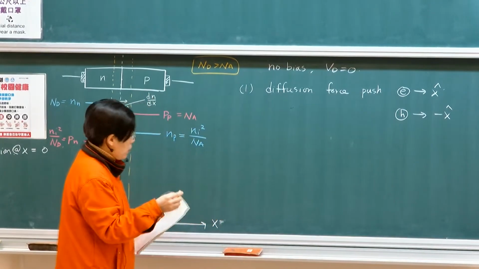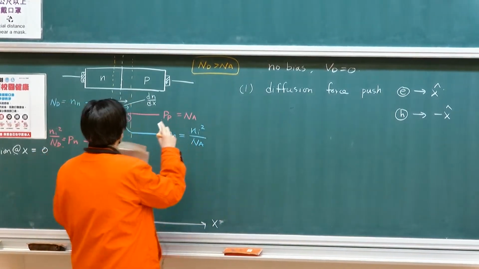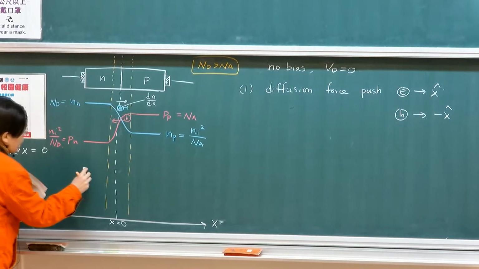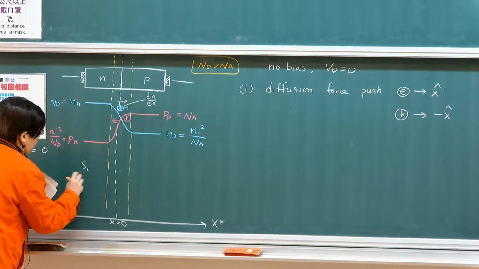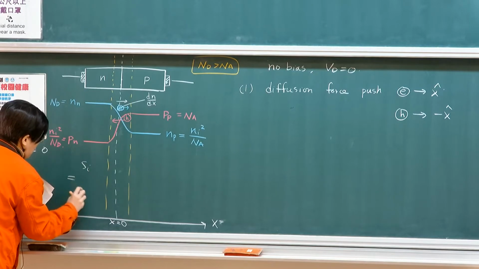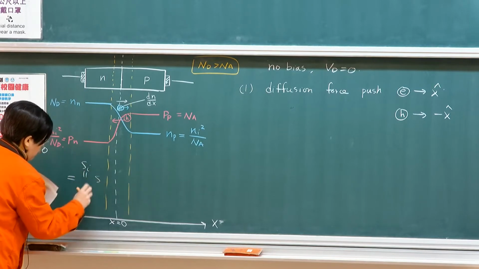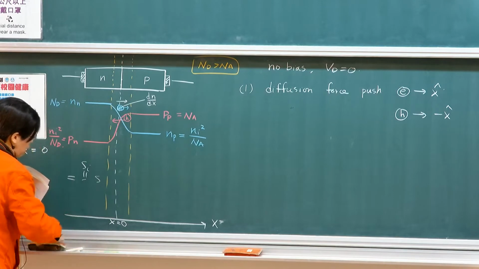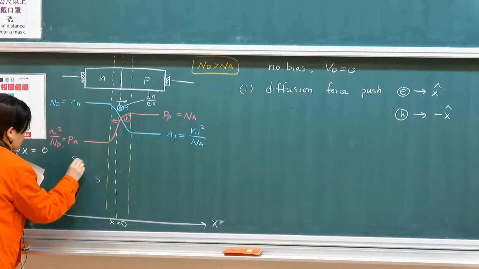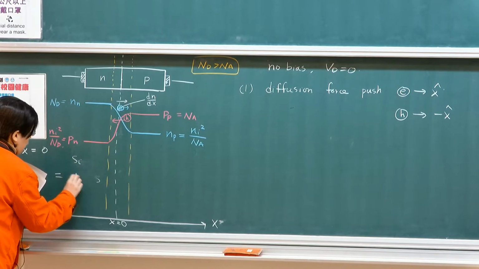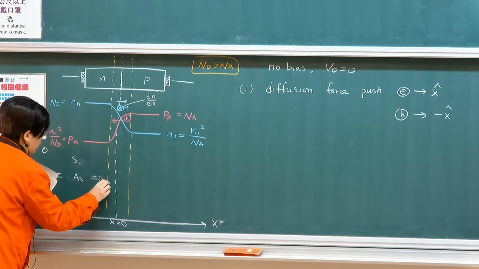If you think of your silicon structure, on the N side it will look something like this, with arsenic inside here.